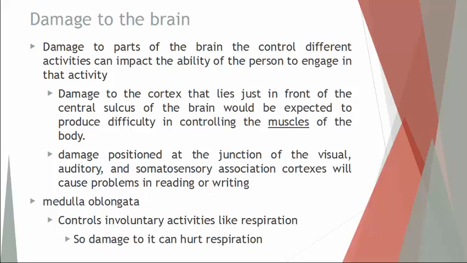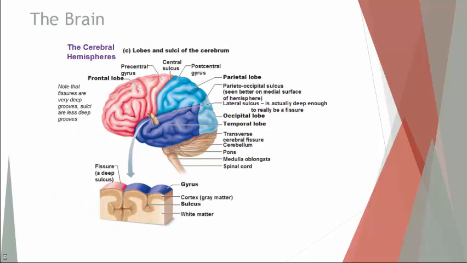A good example of that is a famous X-ray of a construction worker, whose name is Phineas Gage. He was on a construction site working, and then there was an explosion, and a metal pipe went through his brain, right through the frontal lobe.